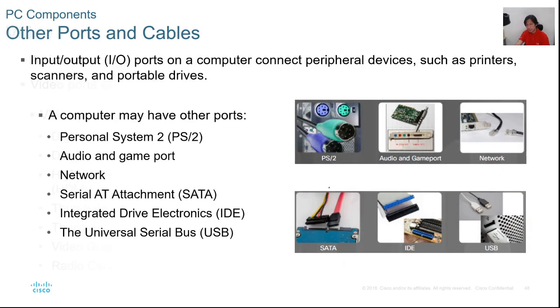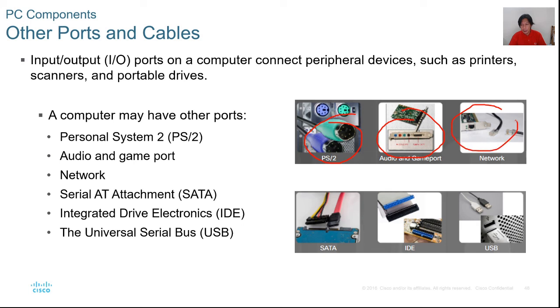Which nowadays we are still using. Other ports and cables, very familiar, are for the keyboard and mouse. We do have the game port for your audio and game port.